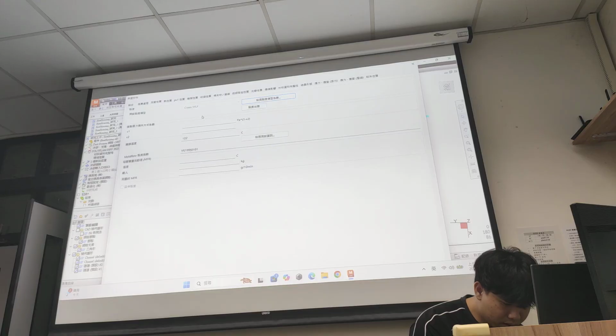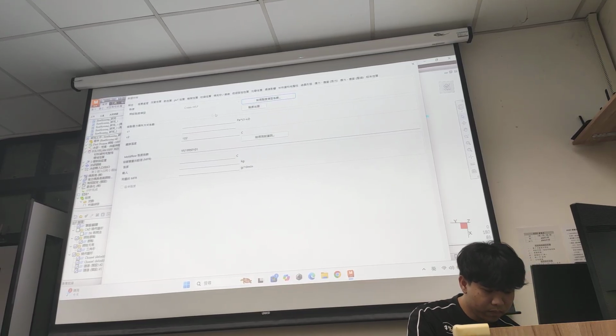And the transition temperature for the multi-shot is 122 degrees.